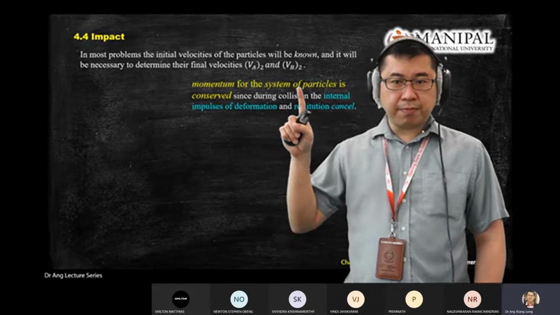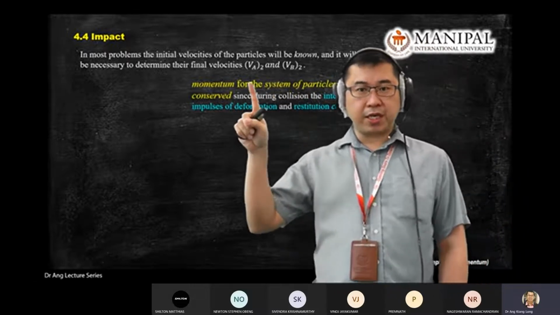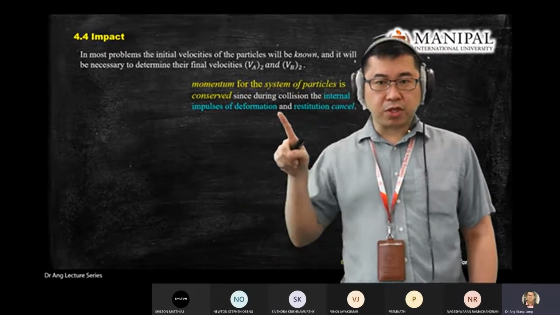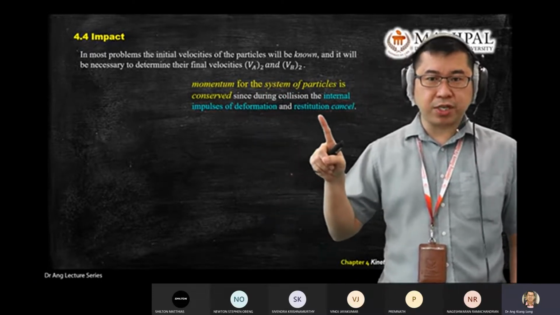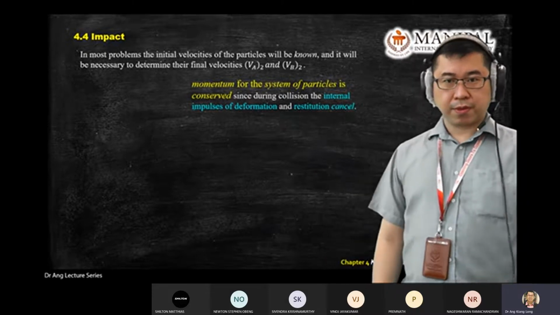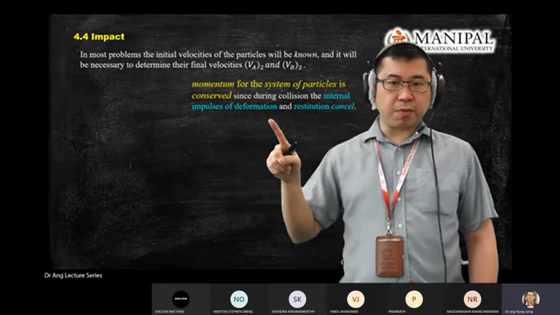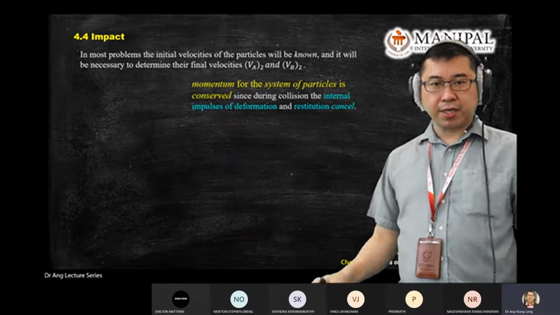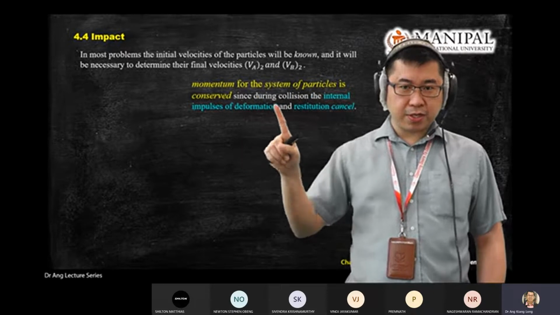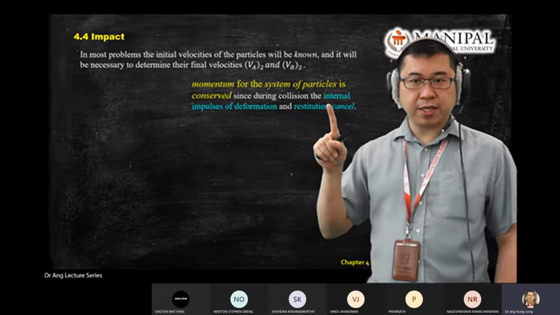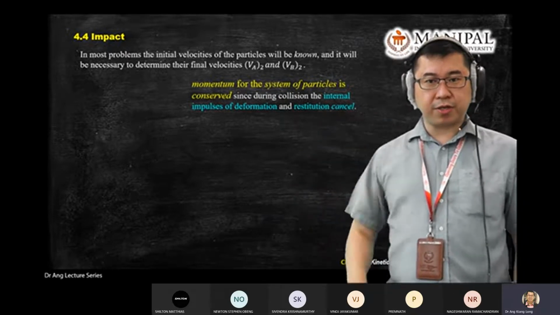Momentum for the system of particles is conserved, so in our calculation we assume that the momentum is conserved during collision. So the internal impulses of deformation and restitution cancel each other. We apply the conservation of momentum during our calculation. The question I asked Vinod just now, the impulse for deformation and impulse for restitution, they cancel each other.